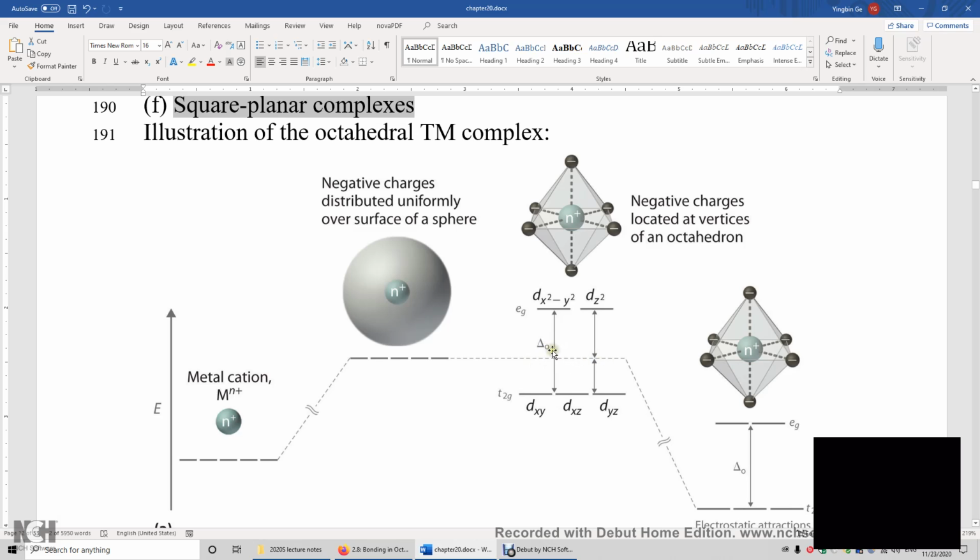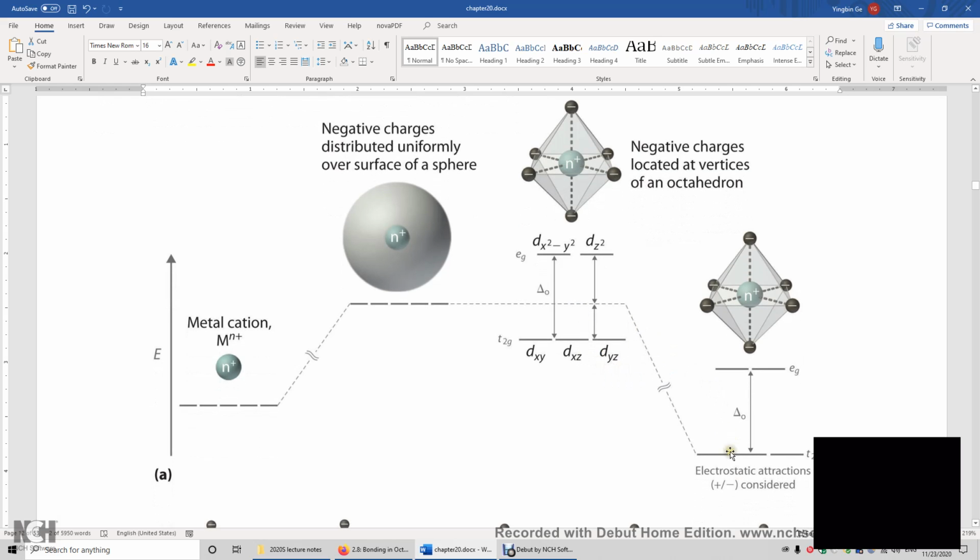And over here, this energy level is called the barycenter, and these 2 orbitals are 0.6 delta O above the barycenter. These 3 triply degenerate orbitals are 0.4 delta O below the barycenter. So over here, this energy decrease is due to the electrostatic attraction being taken into account.